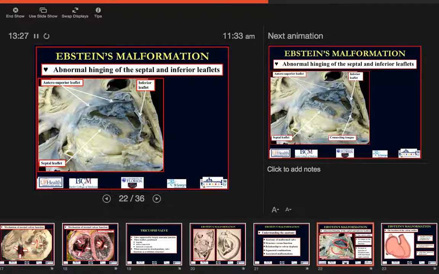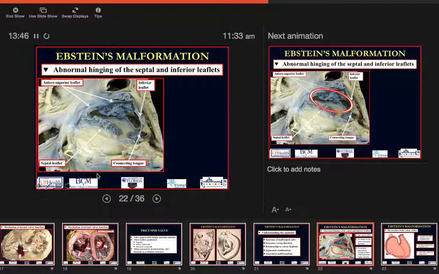So I'm showing you here Ebstein's malformation with the heart in attitudinally appropriate orientation. I've marked the various leaflets, and here is the triangle of Koch. The triangle of Koch remains where it is supposed to be.